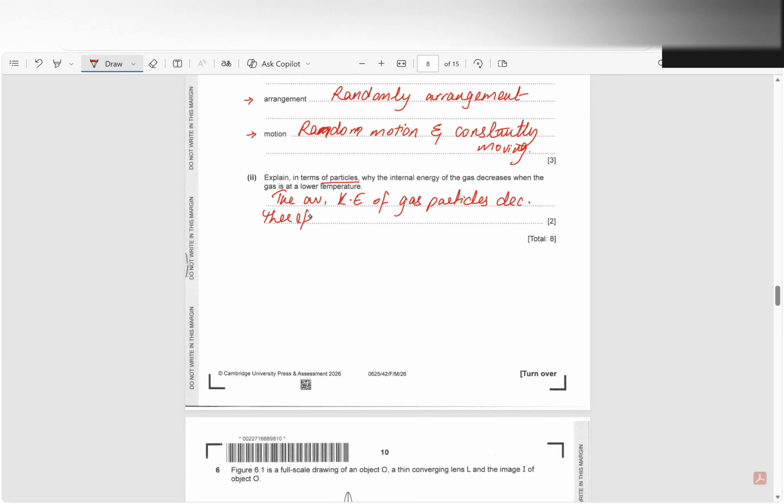Therefore, the speed decreases, making them move slower.